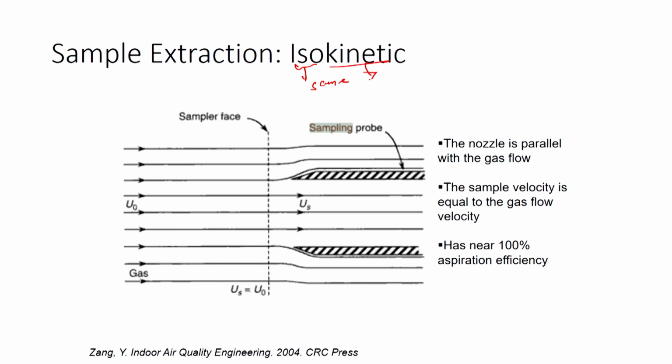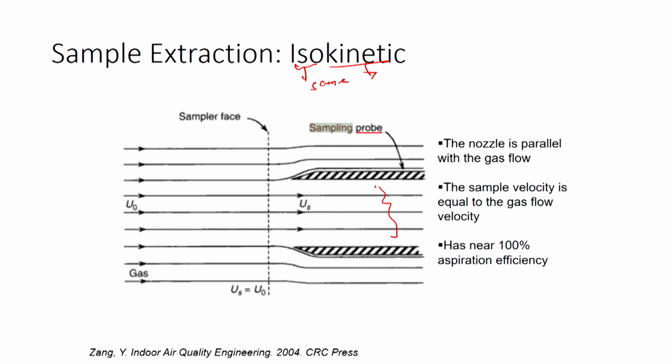For example, if wind is coming, the gas, and the nozzle is parallel with the gas flow, the sampling probe faces the flow, so the sample velocity equals the gas velocity. This will be homogeneous, or isokinetic.